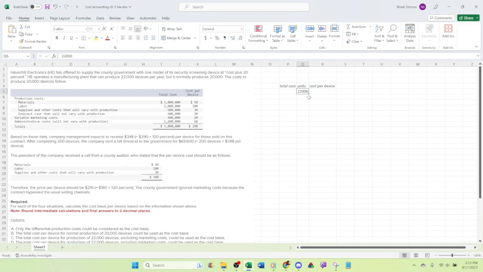Materials, labor, supplies, and then indirect, and then variable marketing, administrative.